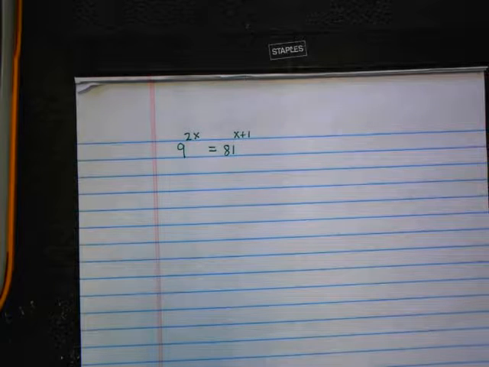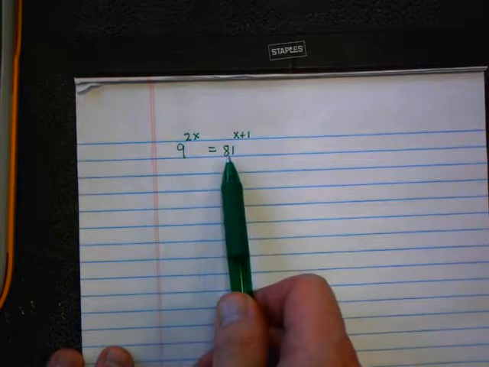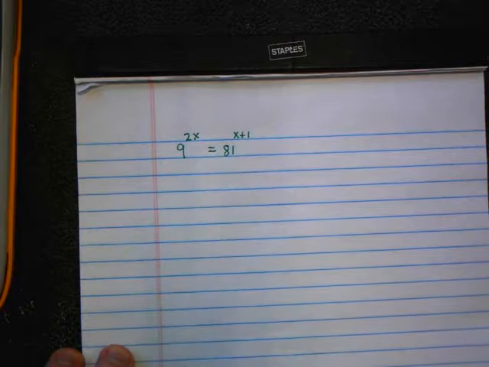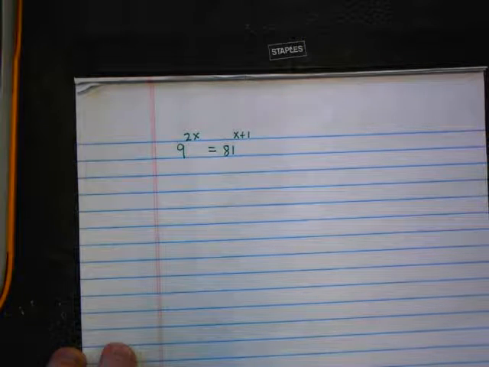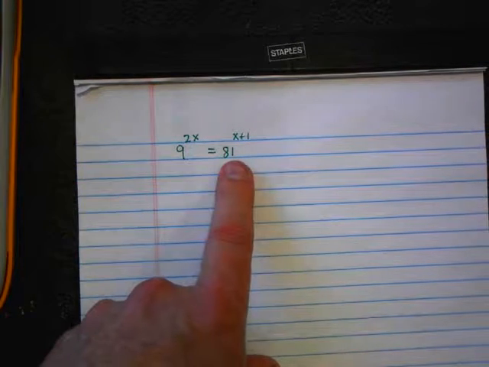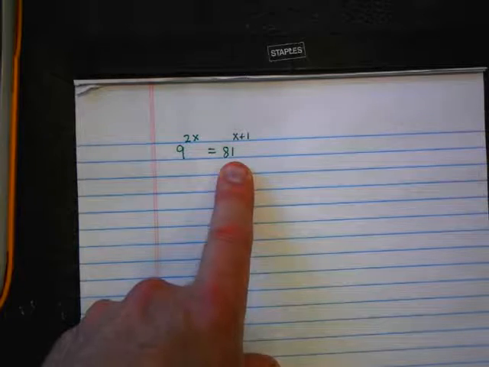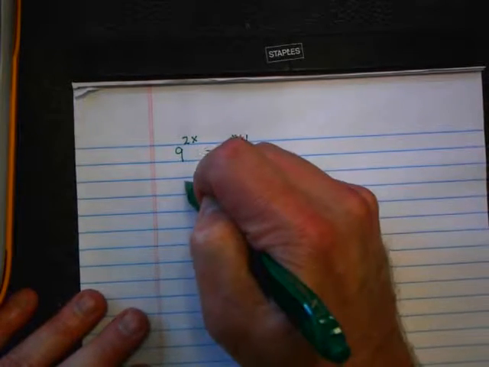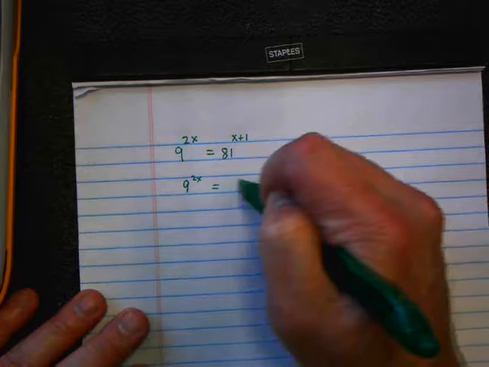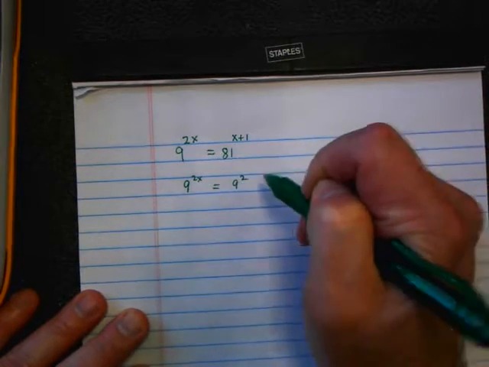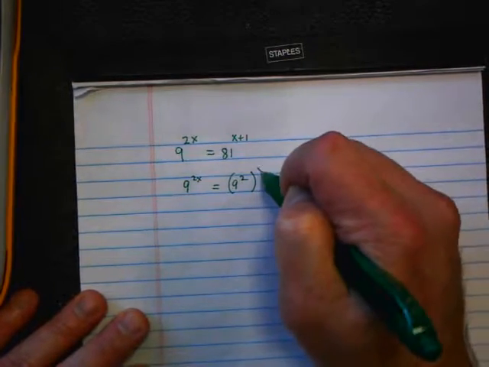Can I make it so that these have the same base? Over here I've got a 9, over here I've got an 81. Can I make them the same? Because 81 happens to be 9 squared. So I can write this as 9 to the 2x equals 9 squared to the x plus 1.